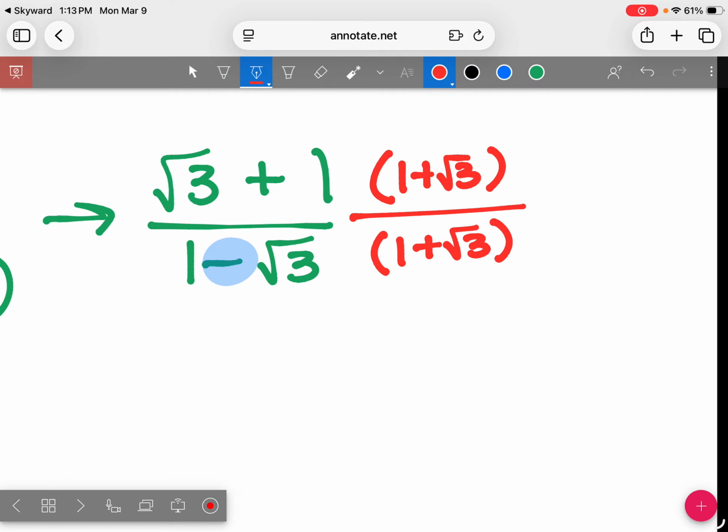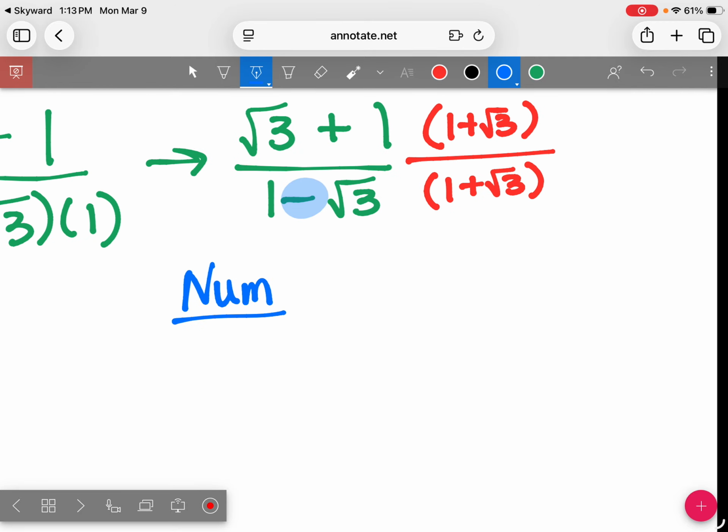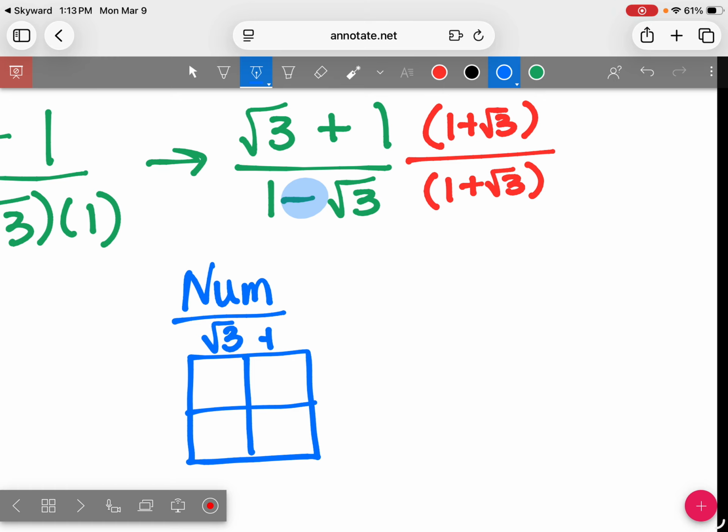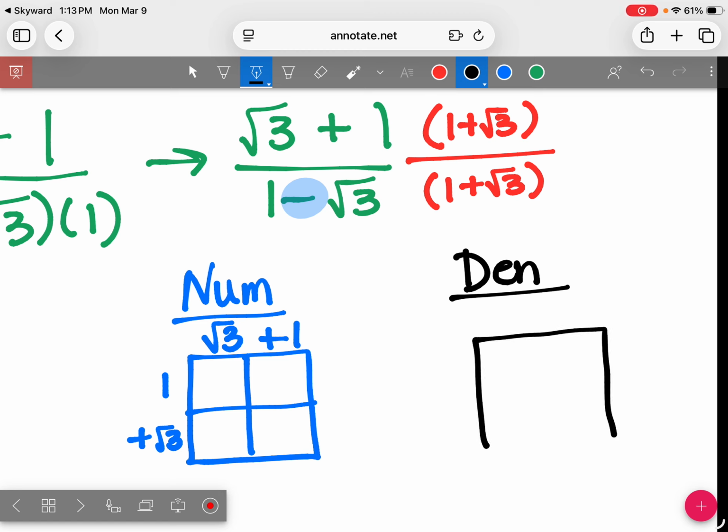So we got to make some boxes. So for your numerator, go ahead and make a box and multiply root 3 plus 1 times 1 plus root 3. And for your denominator, go ahead and make a box and multiply 1 minus root 3 times 1 plus root 3.